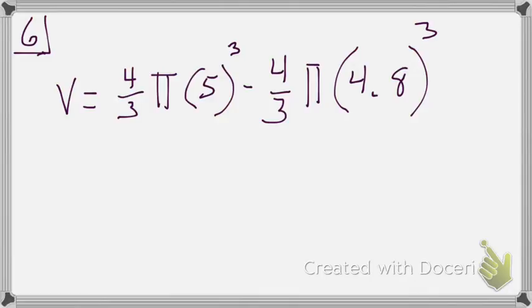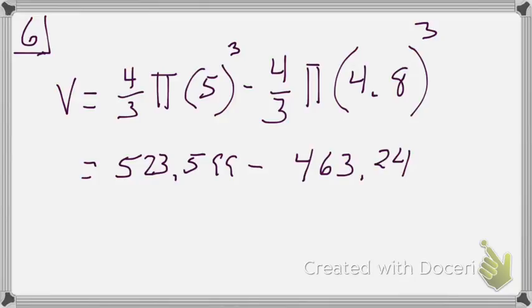And if we do that, we should get 523.599, and we're going to subtract off 463.247.